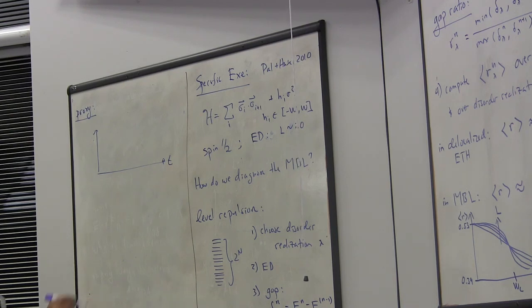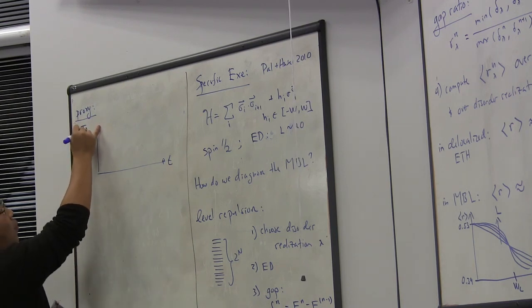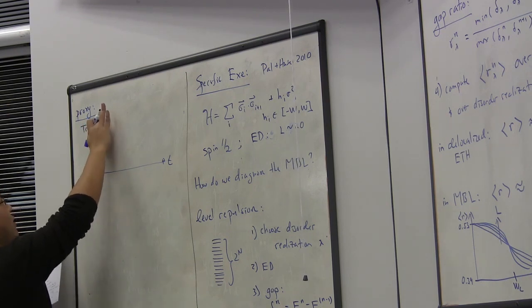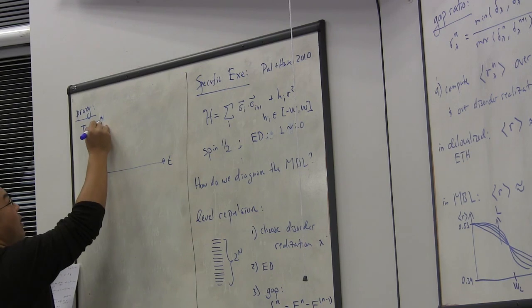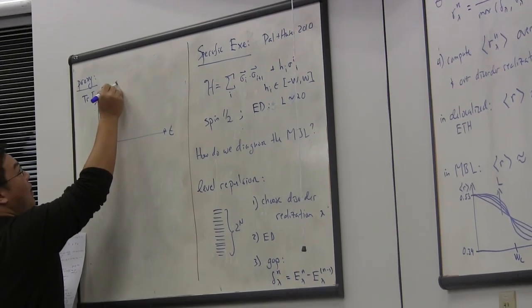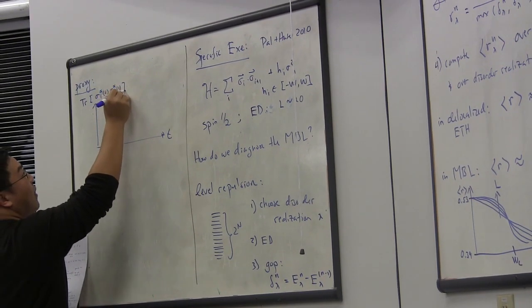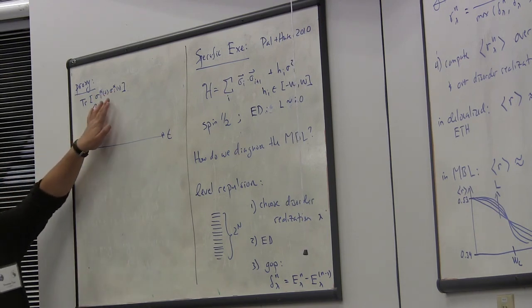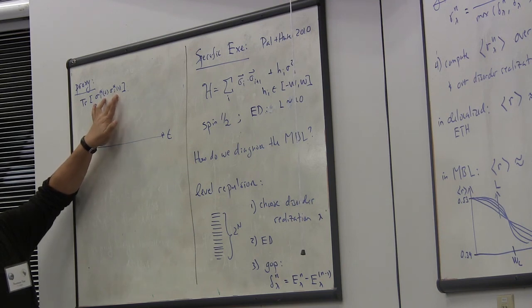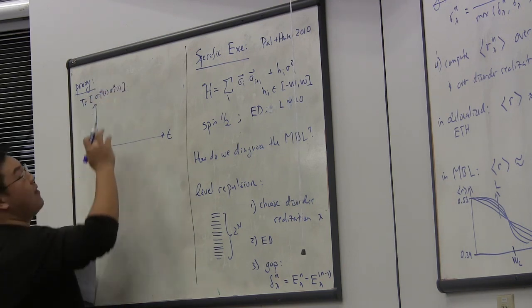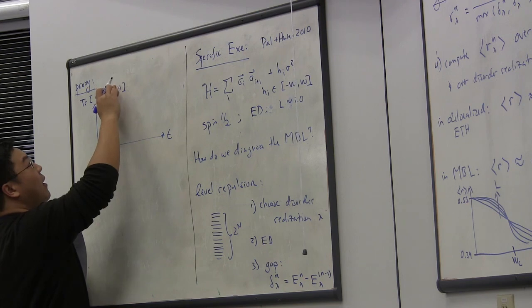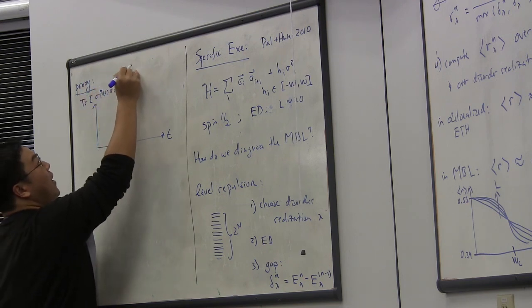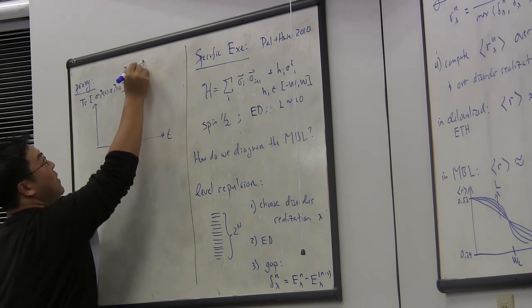One proxy that one can look at is the autocorrelation function of the spin at site I, a 2-point autocorrelation function between 0 and t, where eta is x, y, or z.